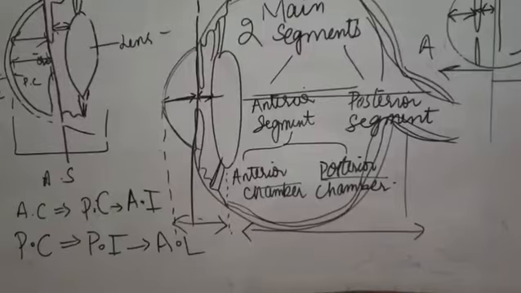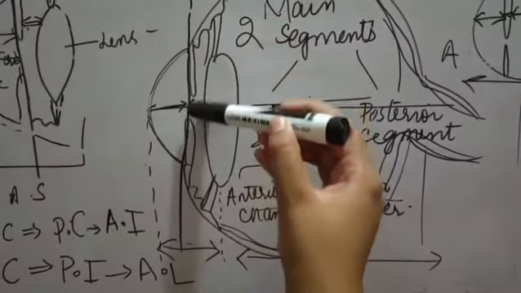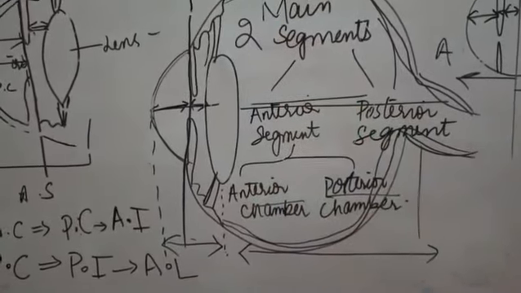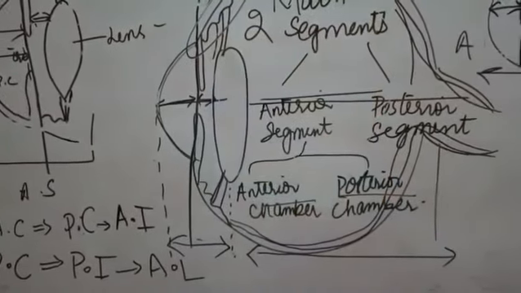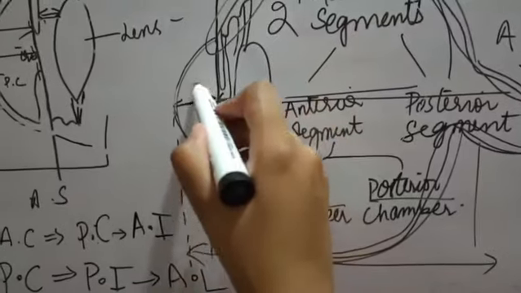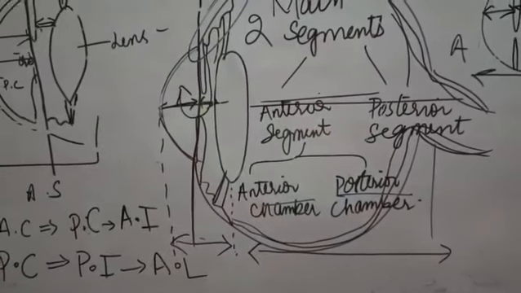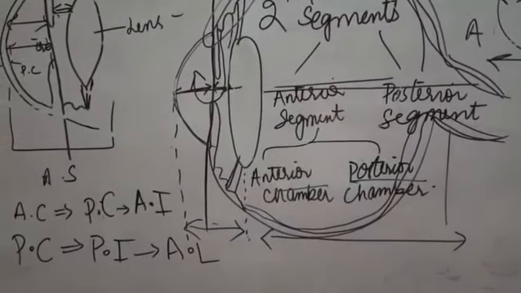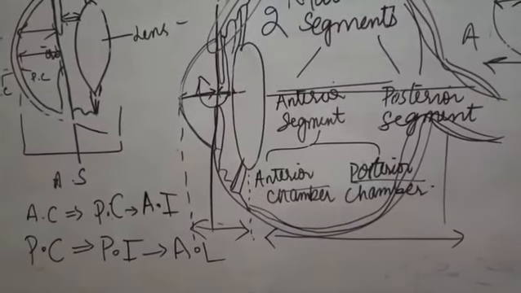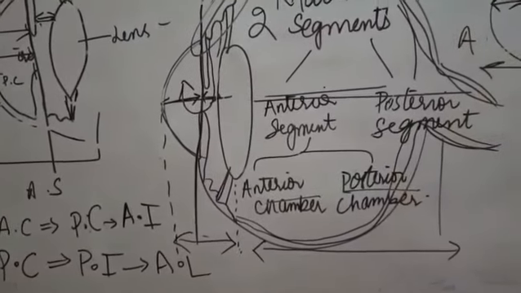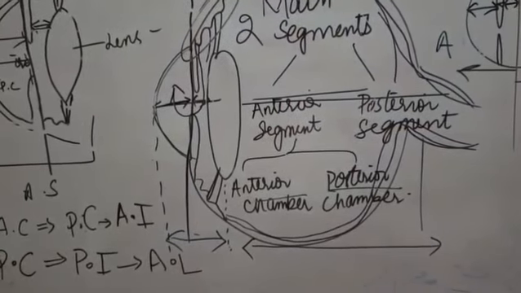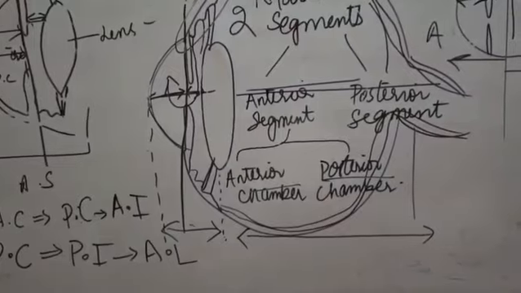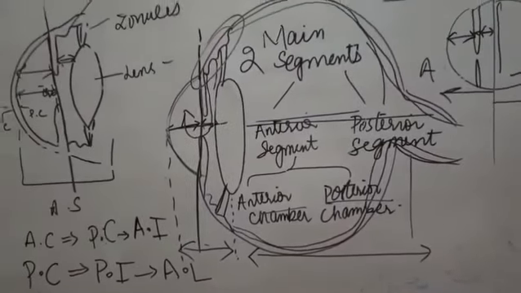Later on I realized that it is produced from the posterior chamber, specifically in the ciliary body, and then it moves to the anterior chamber, right? From posterior it moves to the anterior chamber, and later on the aqueous humor passes out of the anterior chamber angle, right?